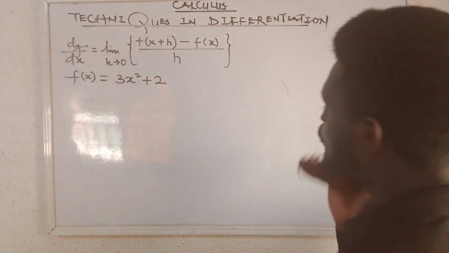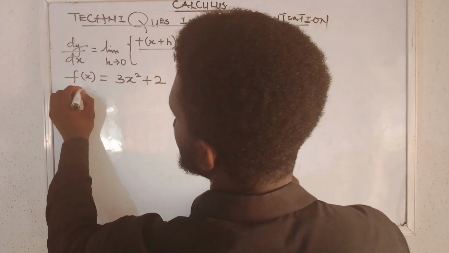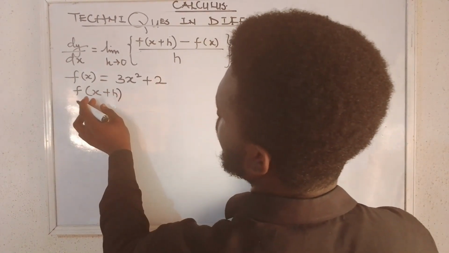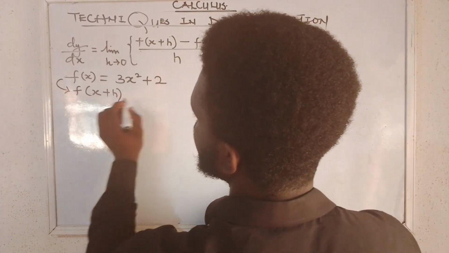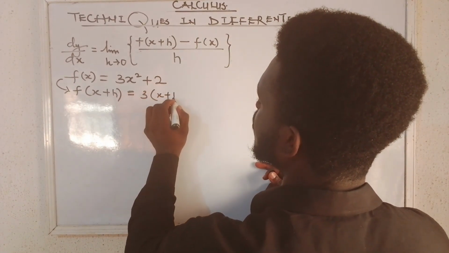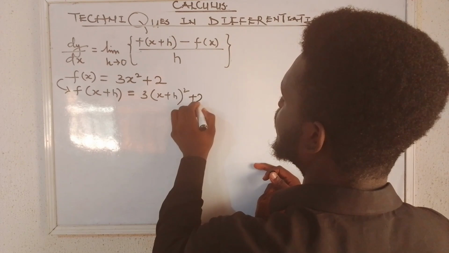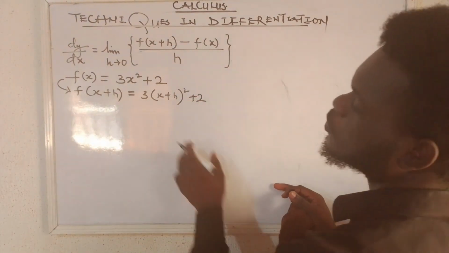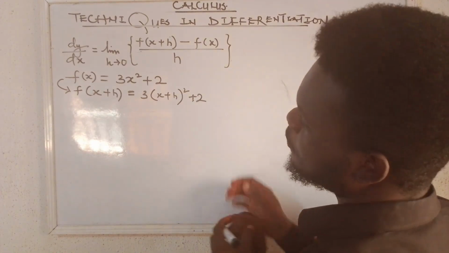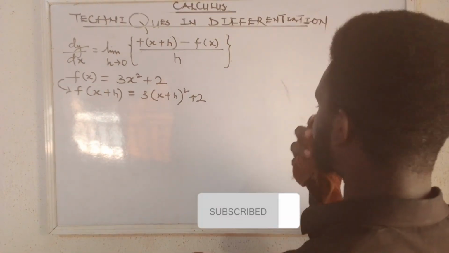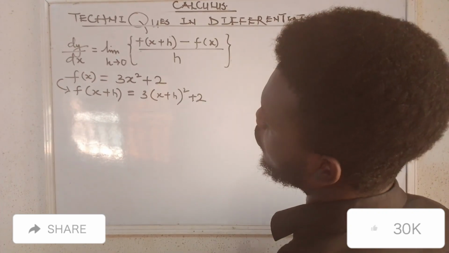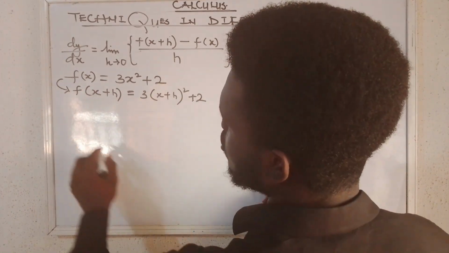Also, if you understand functions a bit, you will know that the function of x plus h would become 3 bracket x plus h all squared, then plus 2. Now, substituting all these parameters back into the formula and simplifying, we are going to get the derivative of this function.